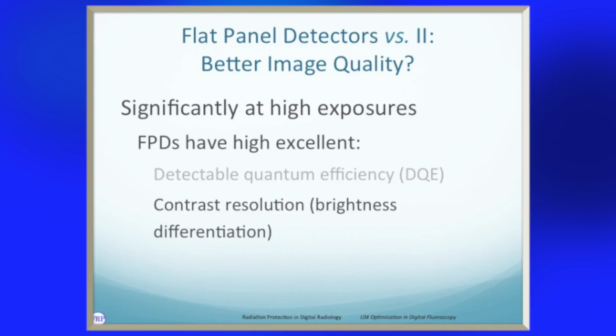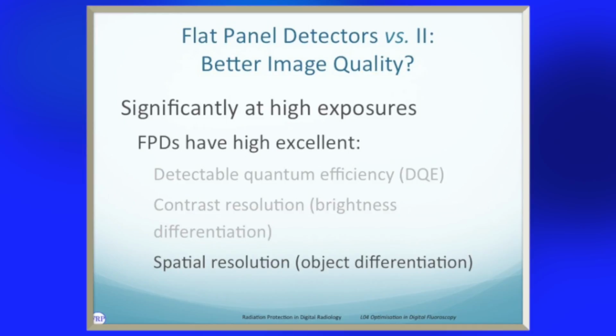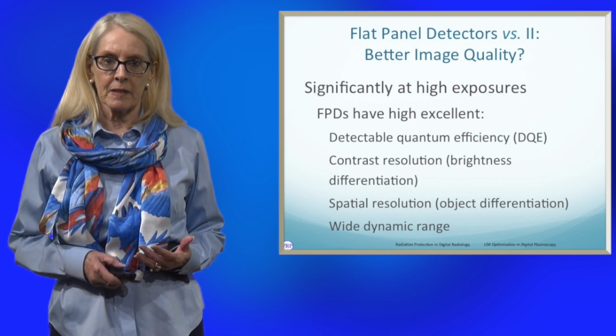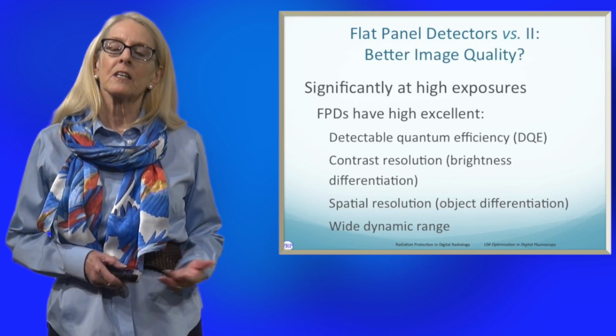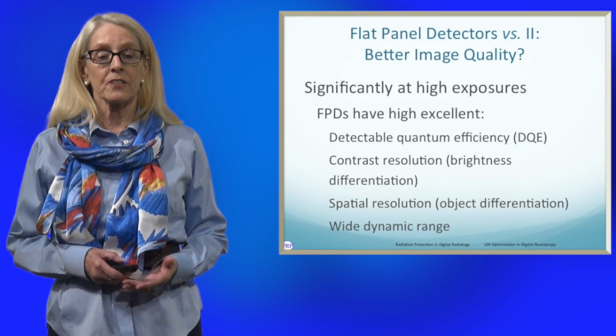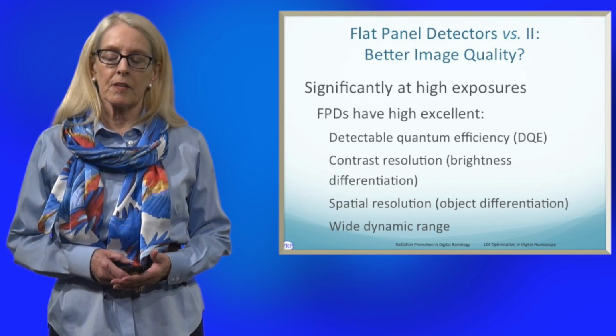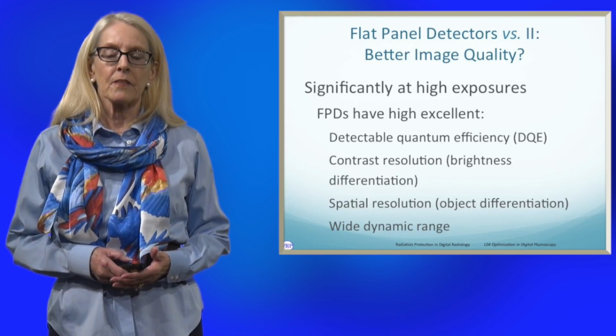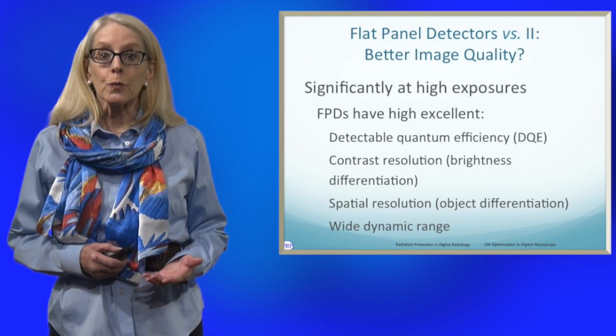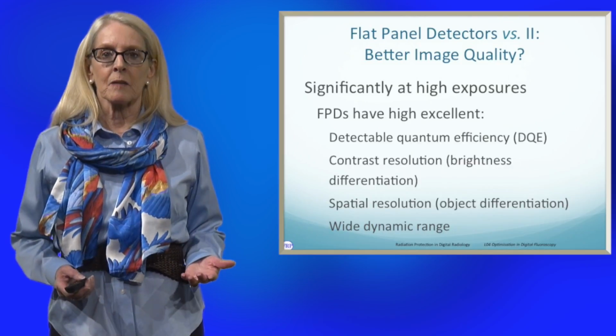They have excellent contrast resolution, spatial resolution, and they also have a great wide dynamic range, which just simply means that they're picking up every single bit of energy that's coming into them from the very least to the very most. And these digital units have this very, very wide range that they can use to give you the best image possible.